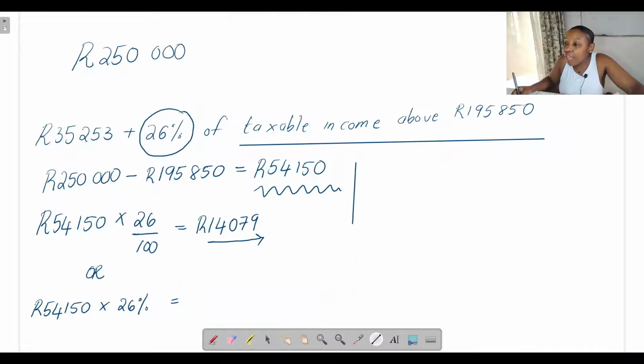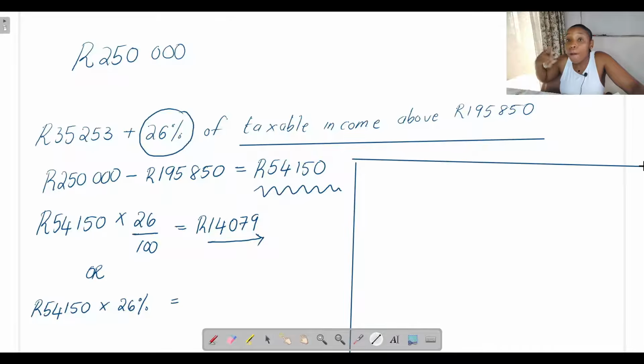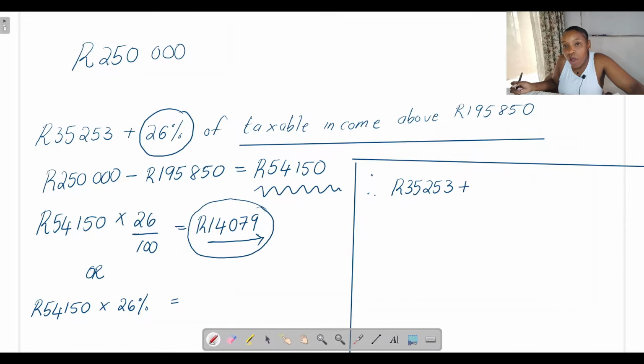195,850, right? So if you were earning 250,000 per annum, the amount that you would pay would be 35,253 plus this 26% of the taxable income that we have calculated, which is 14,079.